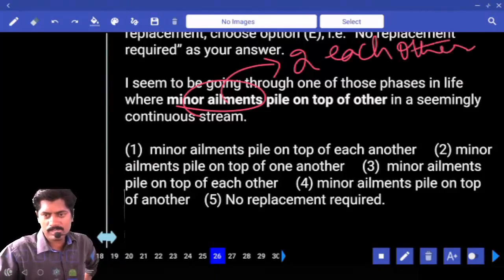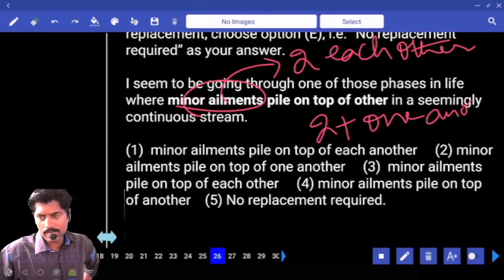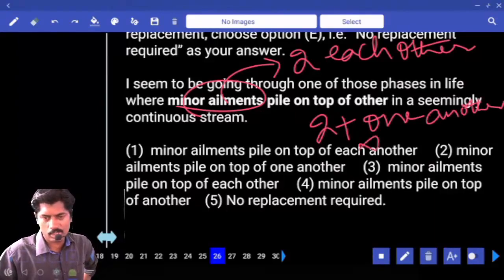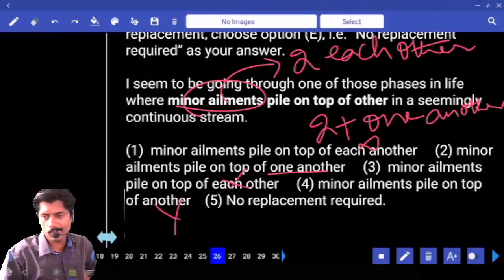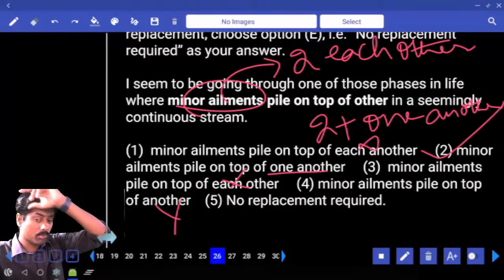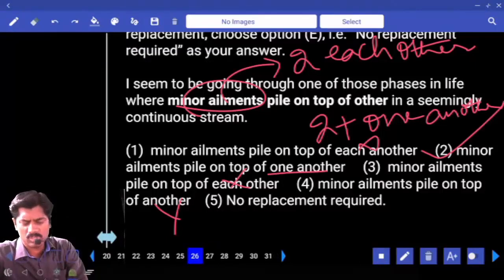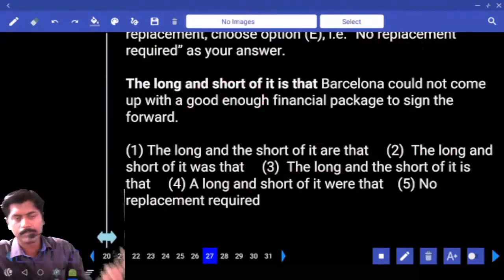More than two means one another. So wherever one another is there, that is the answer. Each other, no. One another, yes. Answer: second option. Minor ailments pile on top of one another. And minor ailments means injuries or diseases. They pile up.